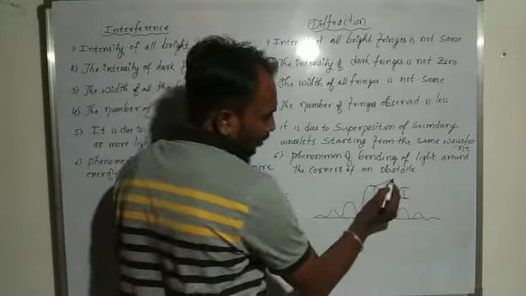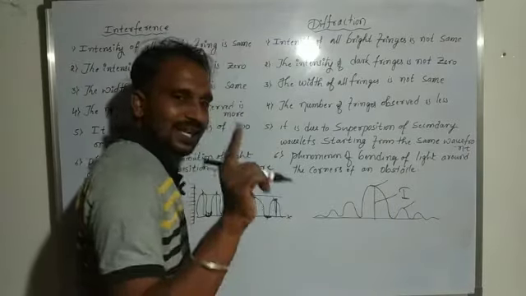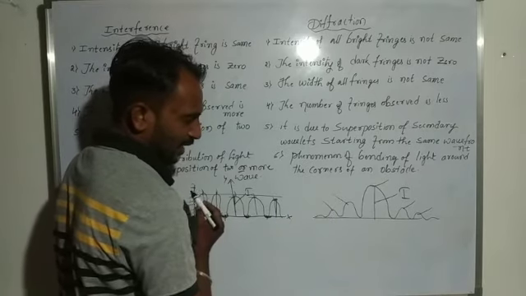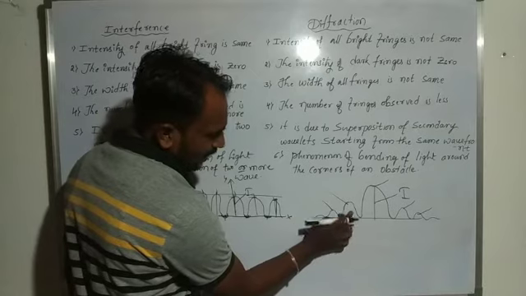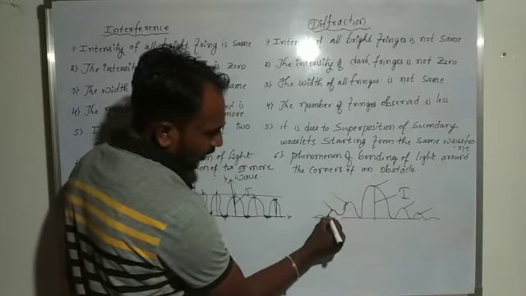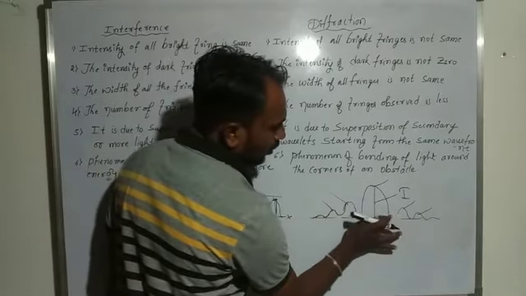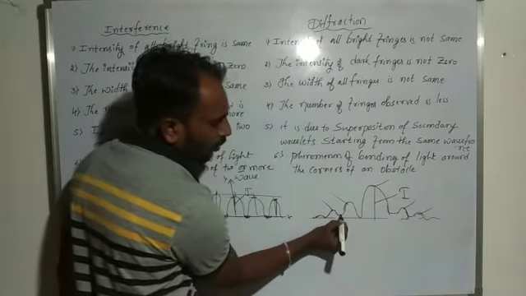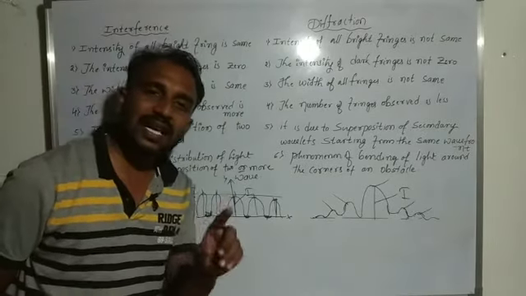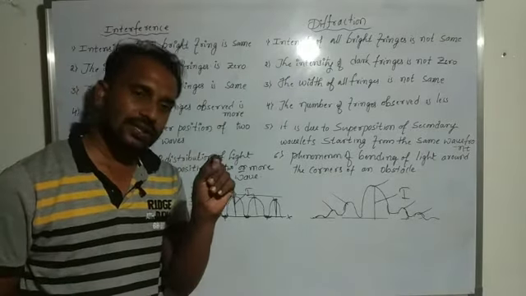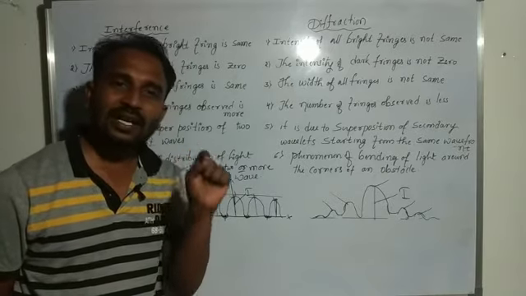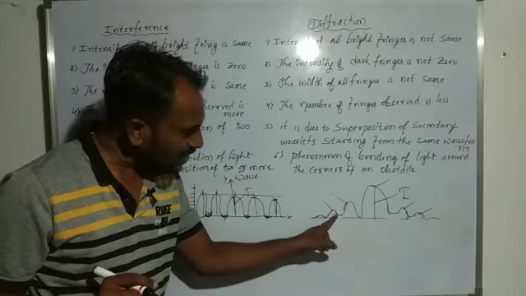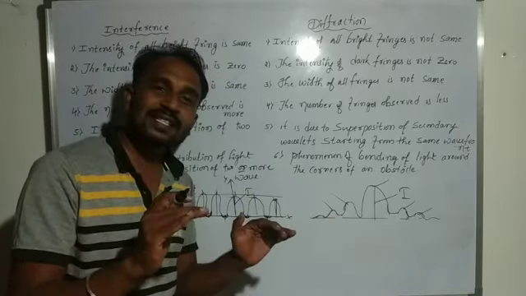Because here we have the central maxima, first secondary maxima, second secondary maxima on both sides. The first secondary minima has one particular amount of intensity. Afterwards, the second secondary minima's intensity increases.